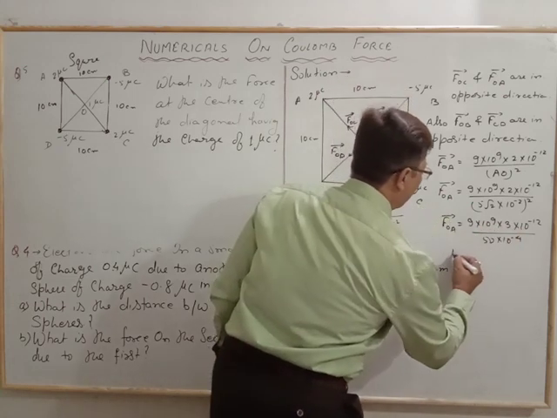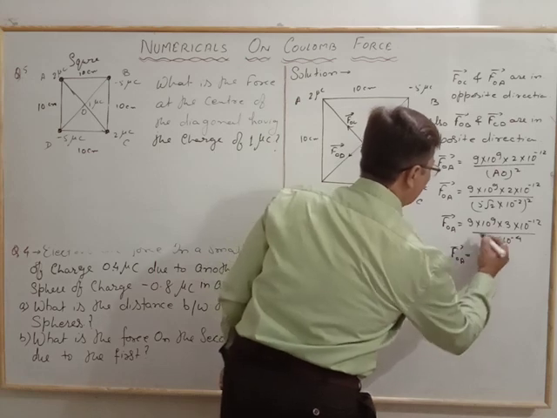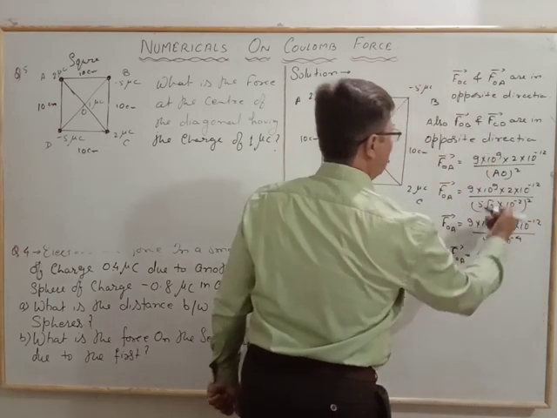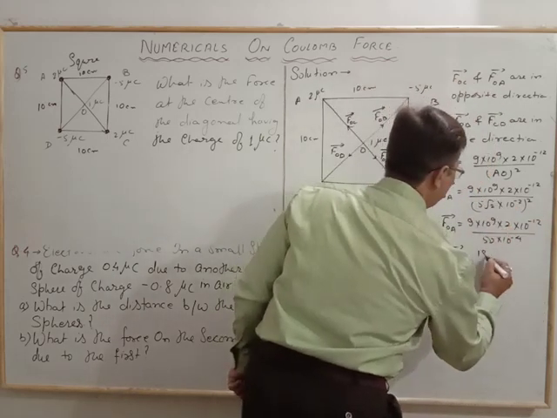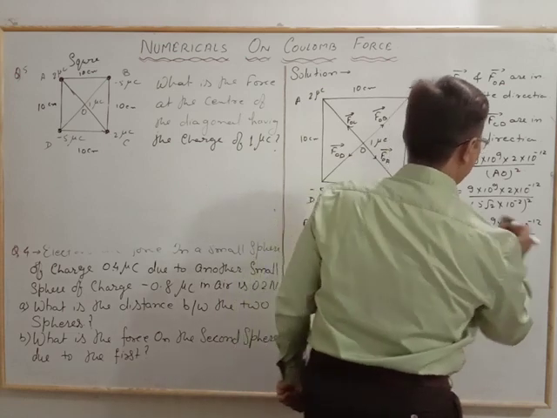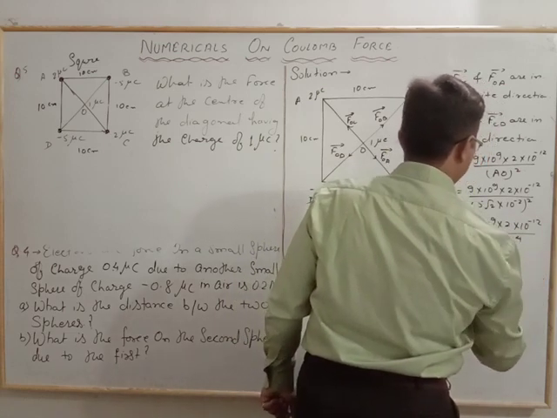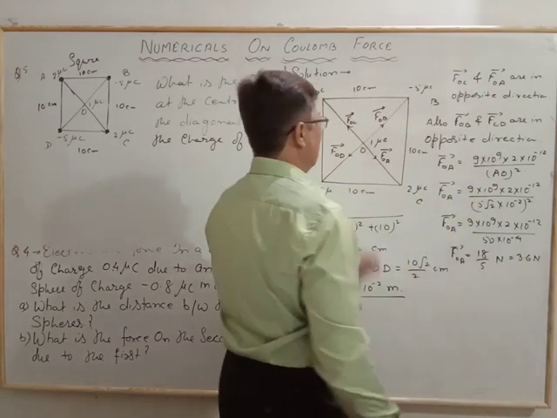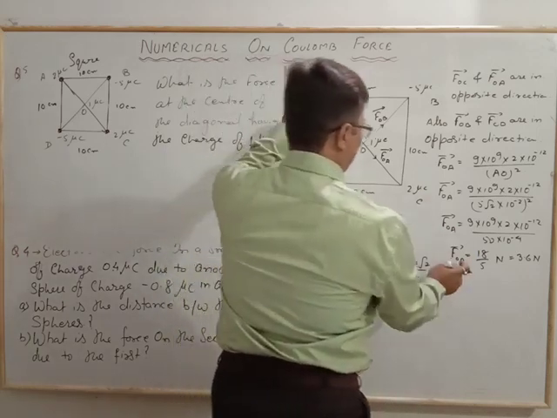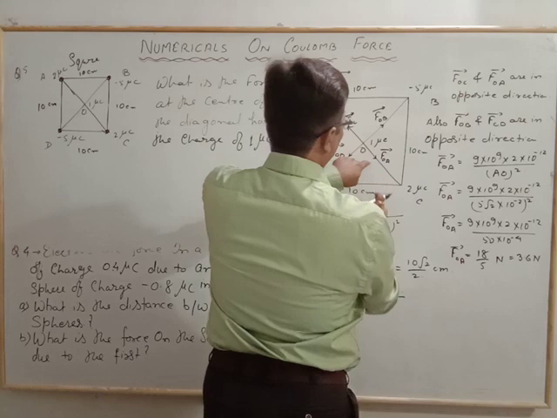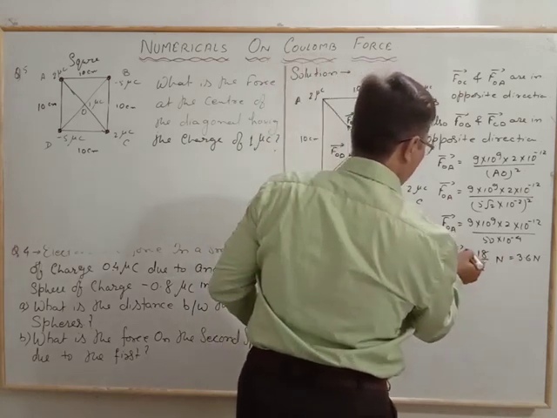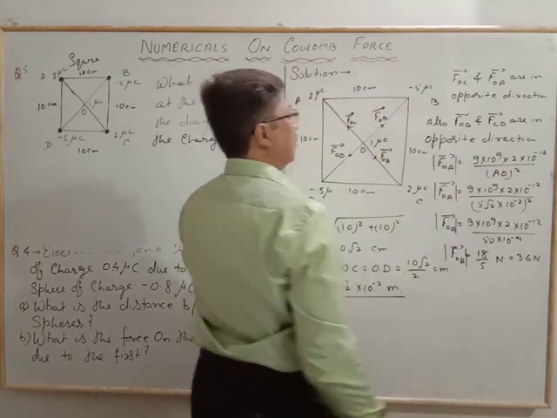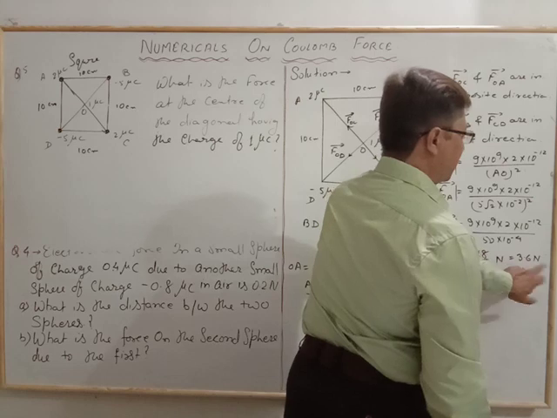So we have the relation FOA is equal to 18 by 5 Newton, or we may write 3.6 Newton. So the magnitude of FOA is 3.6 Newton.